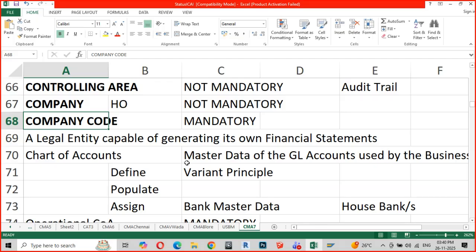Now, why is the chart of accounts required? The chart of accounts is required basically to keep track of your transactions. Because what is your business? As a matter of fact, what is business?